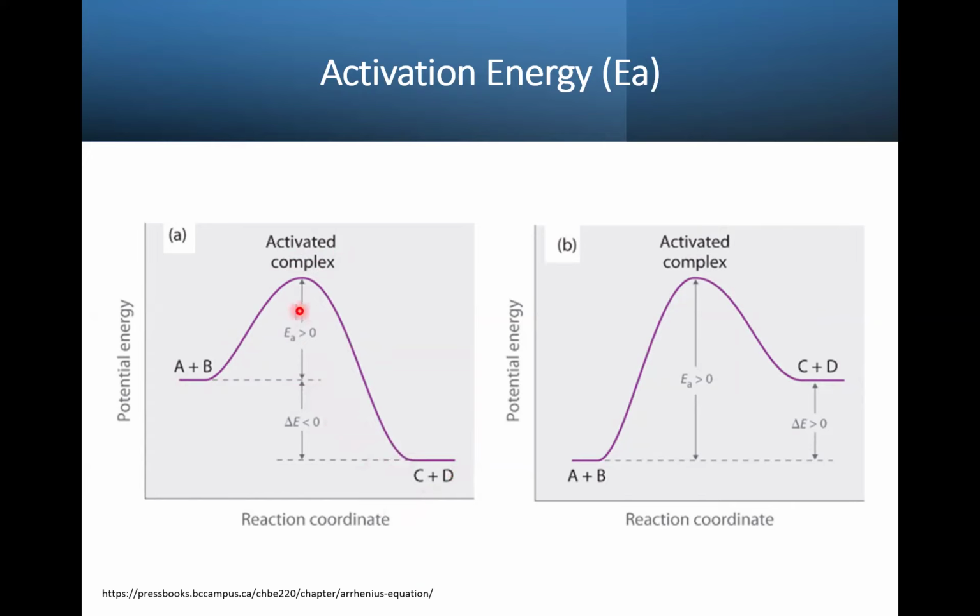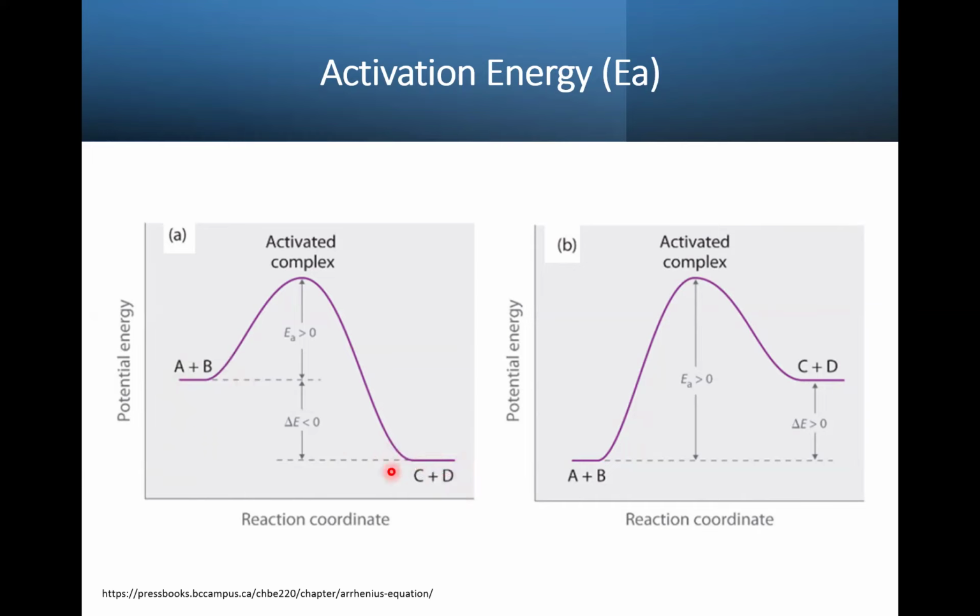In this case, we have activation energy larger than 0, and the overall change in the potential energy, dE, is less than 0, which means that the product has lower potential energy.